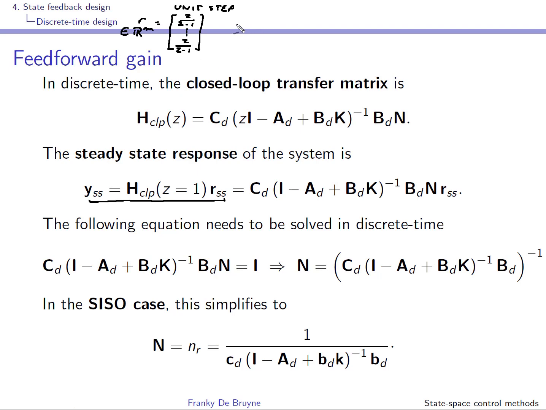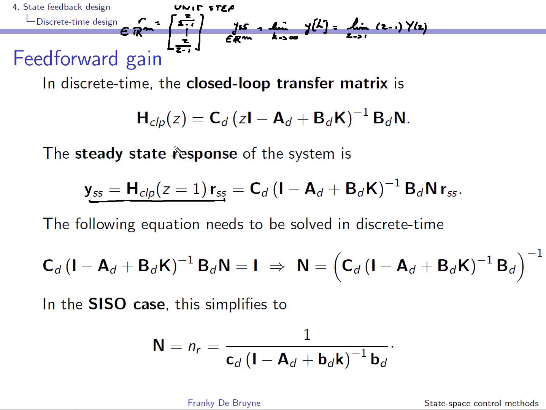So the steady state value here is also a vector in R^m, of course, and it's the limit when k is tending to infinity of y of k. We can use the final value theorem in discrete time, so it's a limit when z is tending to 1 of (z minus 1) y of z, right?